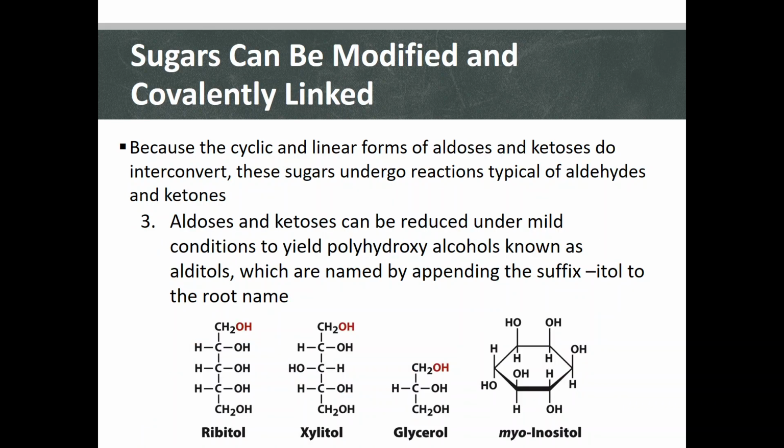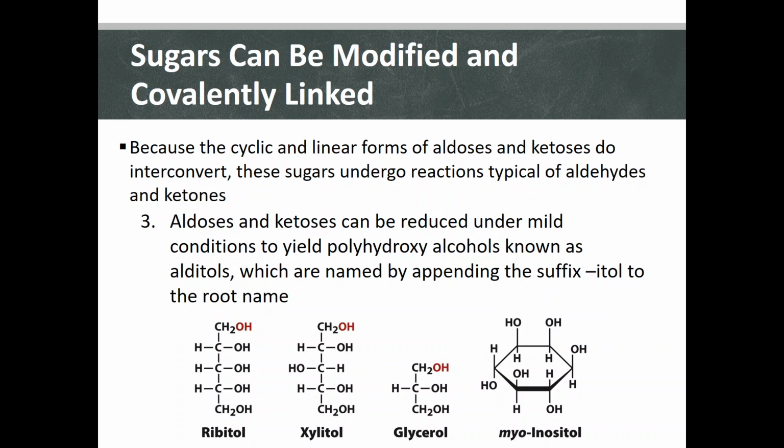Reduction is also a possibility. So you started with, in most cases, an aldehyde containing polyalcohol. So let's say you started with ribose or xylose or glyceraldehyde. All of those had an aldehyde functional group at the C1 position.